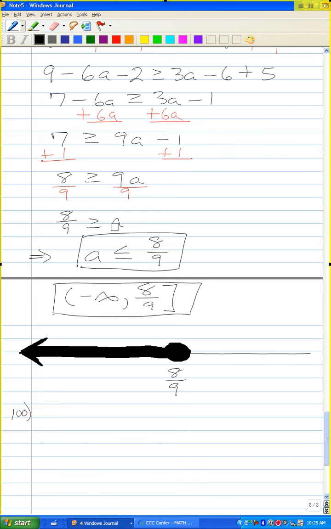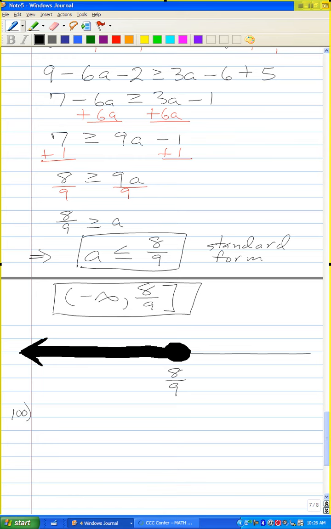Remember, with inequalities, you must always have the variable on the left side. For equalities, it doesn't matter if the variable is on the right or left side. But for inequalities, you must always have it on the left side.